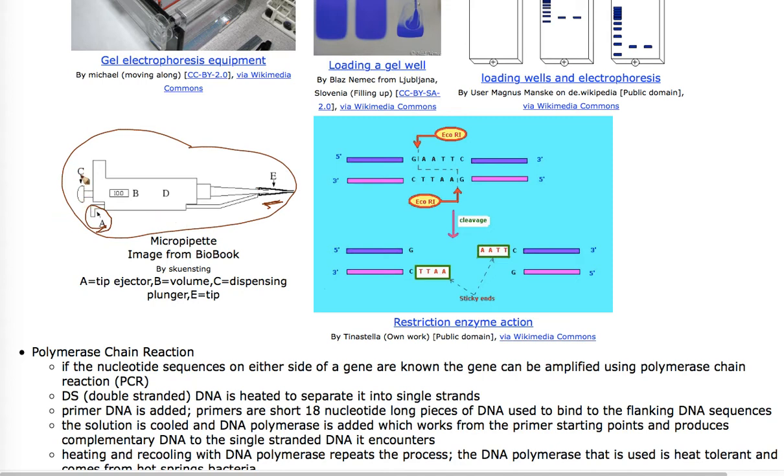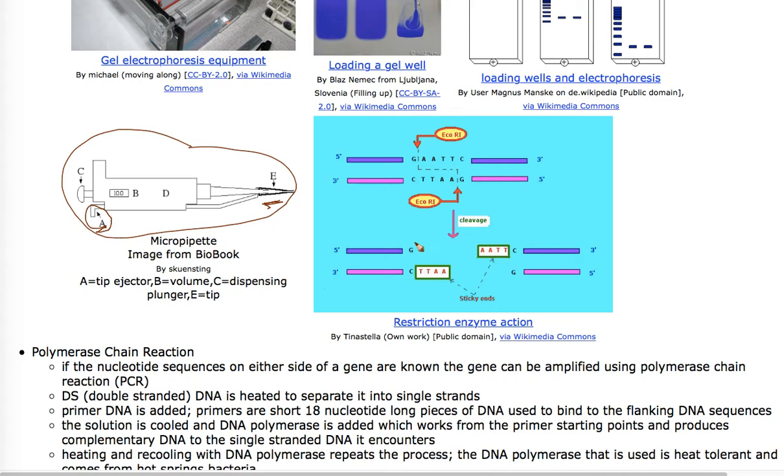C is the volume button, so when you push C down, you're either pushing a liquid out of E or you're going to suck something up into E, depending on whether you're pushing the button before or after you stick the tip down here into a liquid. And then B is the volume you're actually going to dispense, and here this one says 10.0 microliters. And D is called the body of the pipette. That's what you wrap your fingers around in your palm to actually hold onto the pipette.